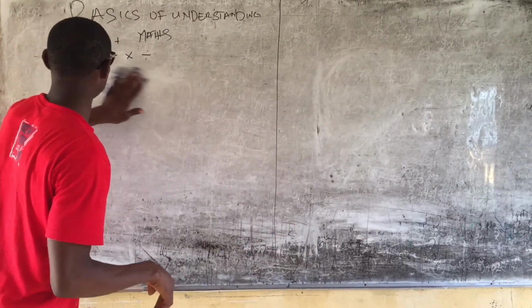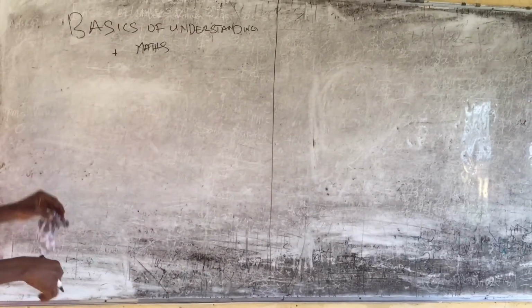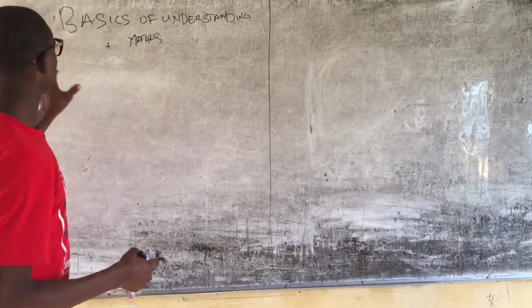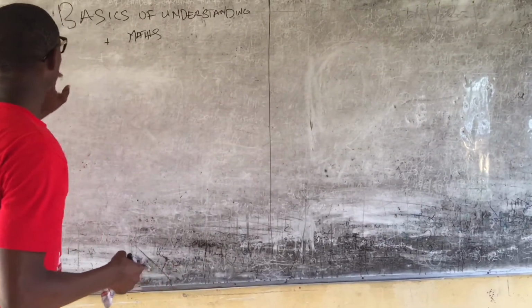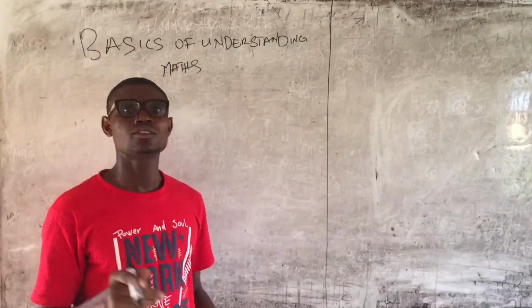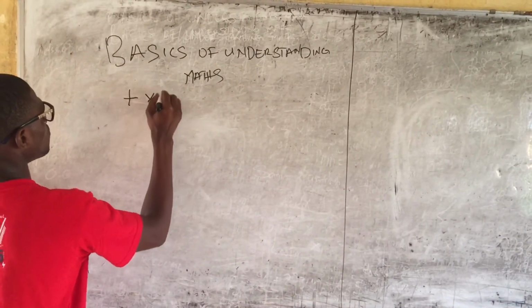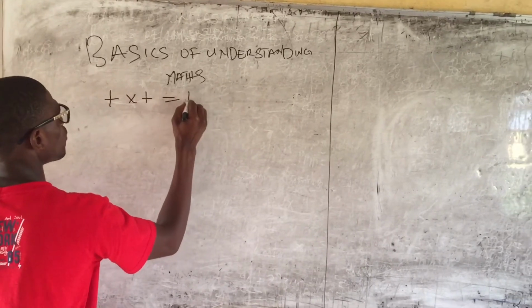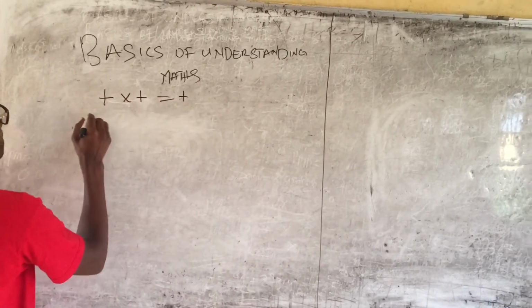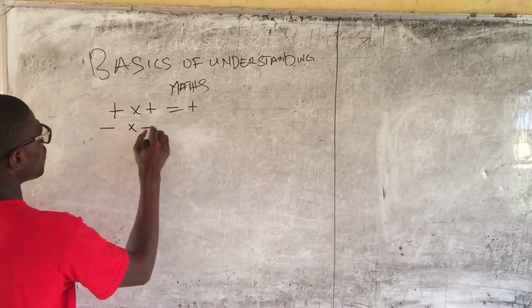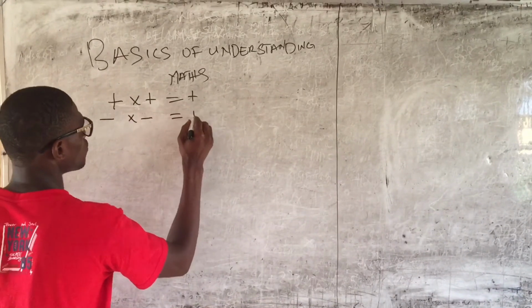So this is the basics of mathematics. If you can understand the basics, you understand how all these signs work. In conclusion, plus times plus will give you plus. Minus times minus will give you plus.